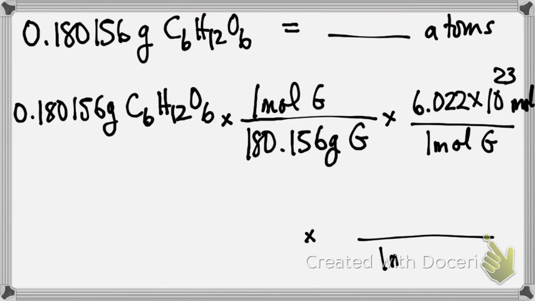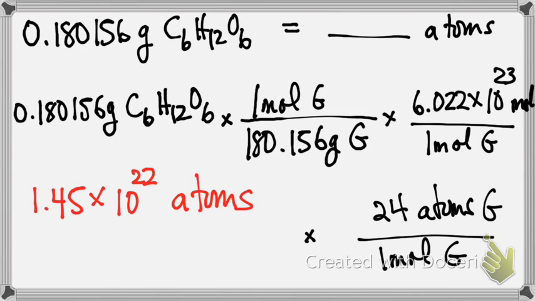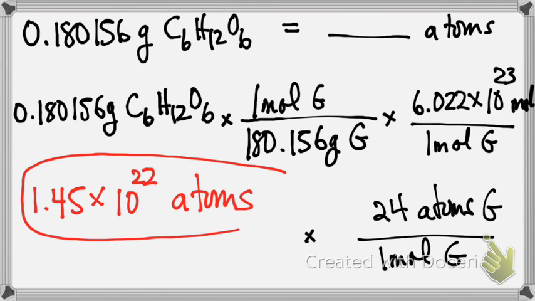And I know that 1 molecule of glucose has 24 atoms. So when I simplify all of this, we get 1.45 times 10 to the 22nd atoms. That's our final answer.